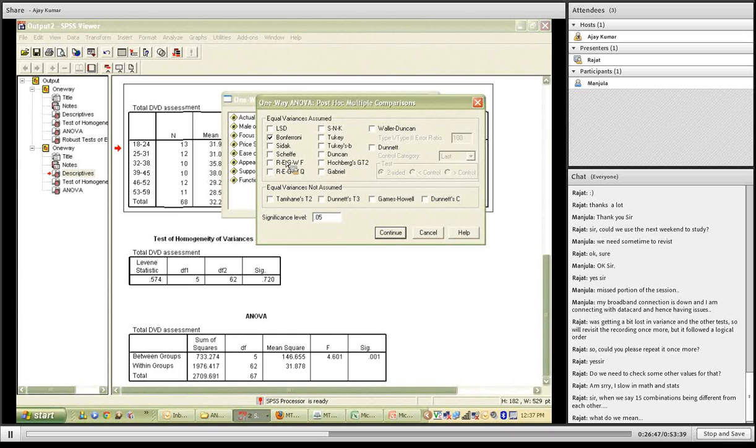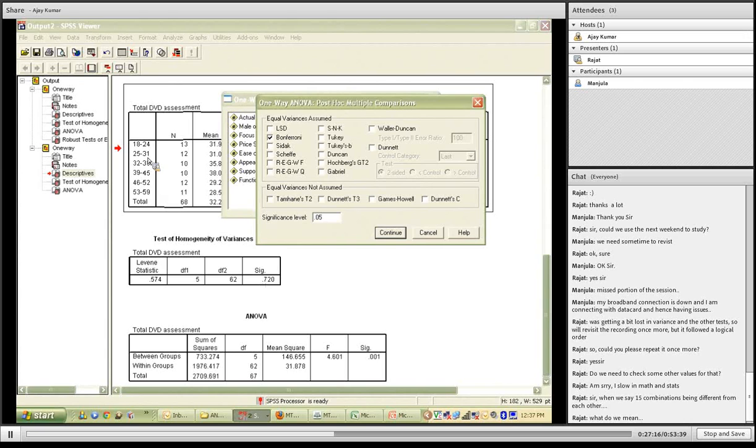If this value, where the cursor is revolving, had been less than 0.05, suppose instead of 0.720 this value was 0.020, which is less than 0.05, in that case it would have meant that the variances of these groups are not equal, right?